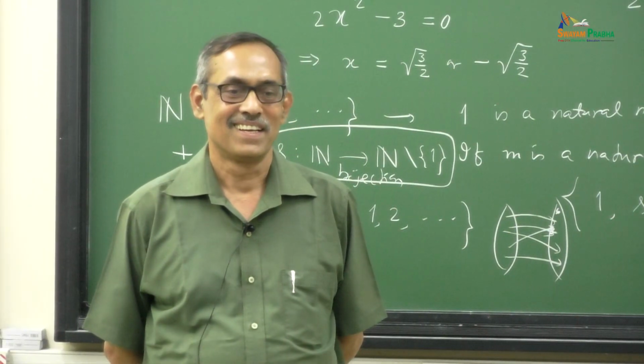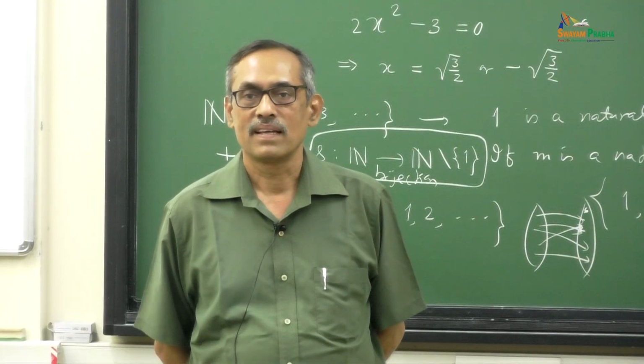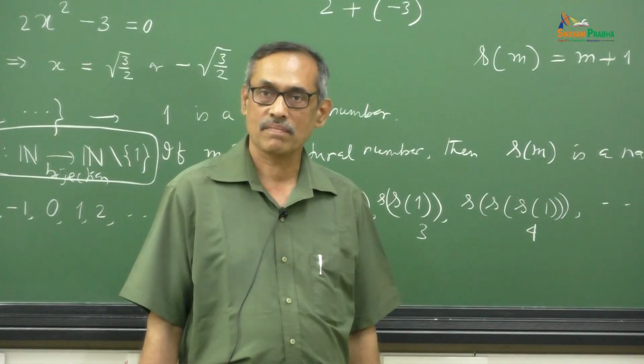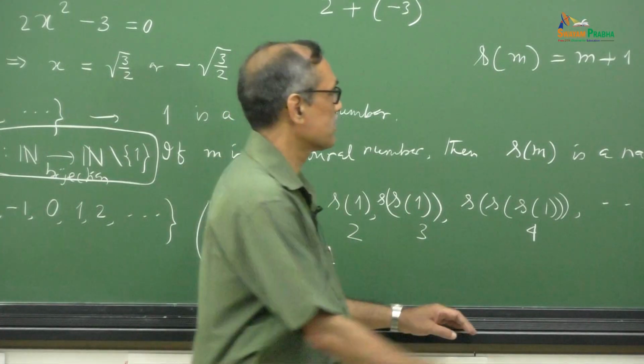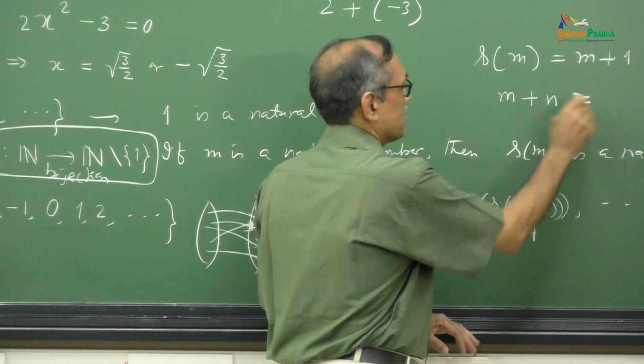Right. What is the meaning of plus 1? It means S of that. Okay. Then how do you define others from this? By repeating this. Say you are defining m plus n. How do you define this?